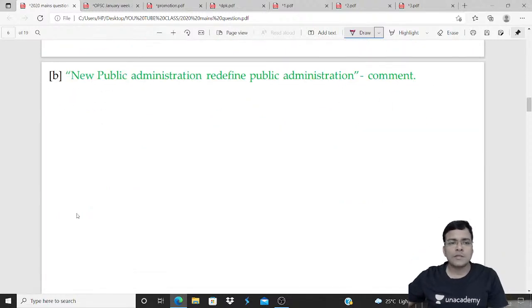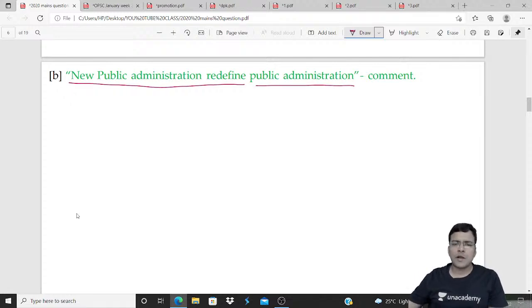Yes. Listen, new public administration, redefine public administration. This is actually a 60 marker I have given. I have recommended everyone to study this based on 60 marks, but it asks at 20 marks. No problem. You have to write everything shortly.